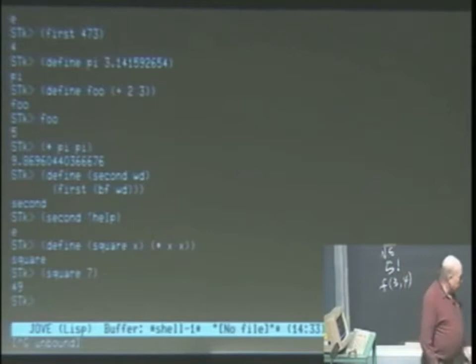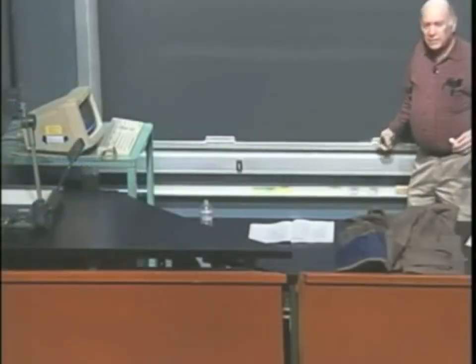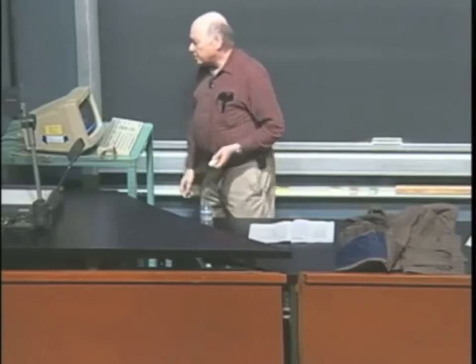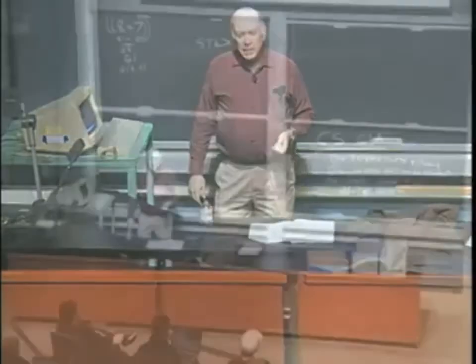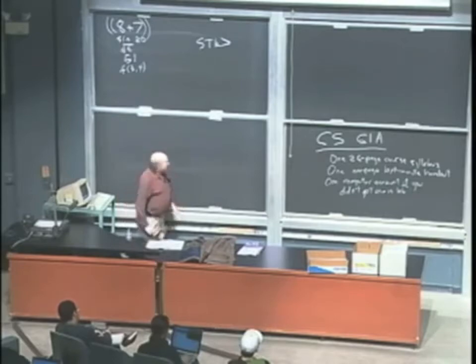Right. So time for a little vocabulary lesson. I've been using the name input for things you give procedures. And that's kind of loose talk. And so I might say that the input to square is x, or I might say that the input to square is 7. But we actually have names for those things.